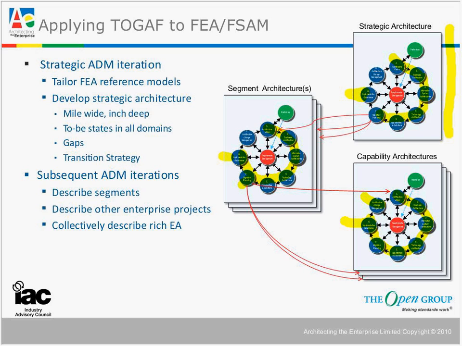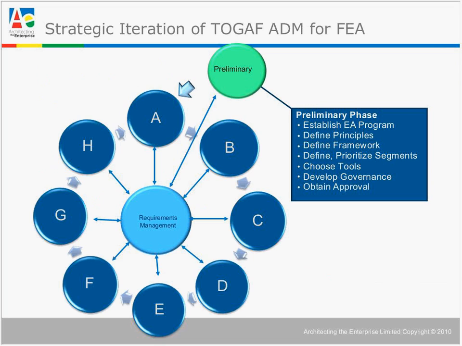These subsequent ADM iterations describe segments, describe other enterprise projects. Collectively, all of these describe a rich EA both at the segment and the strategic level. So how do we run through this strategic iteration? I'm trying here to map the ADM to the federal practices.